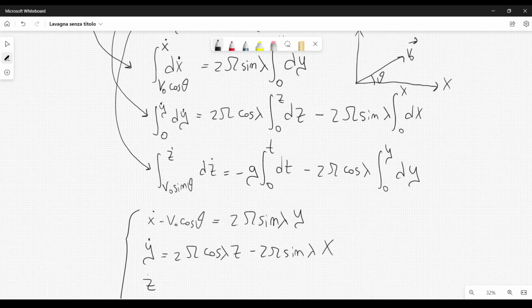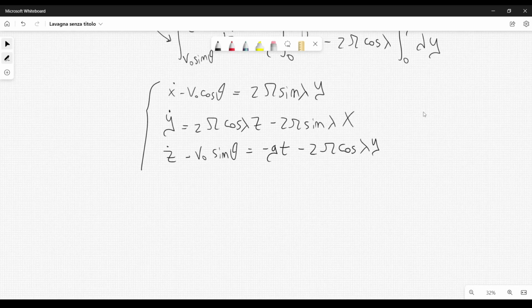And z dot minus v0 sine theta is equal to minus gt minus 2 omega cosine lambda y. Now you have a system of first order ordinary differential equations, and it can be solved.